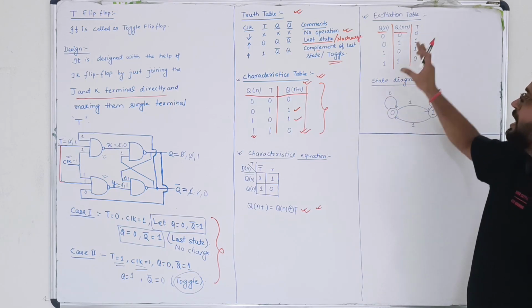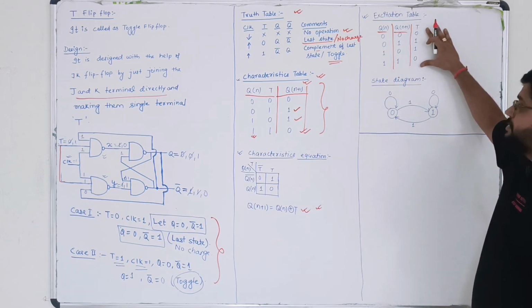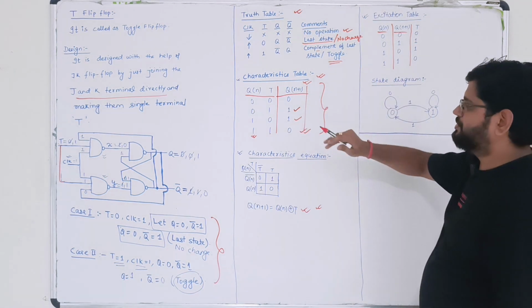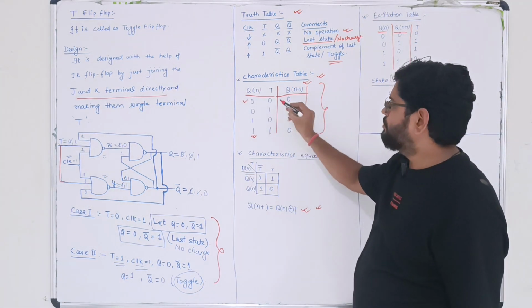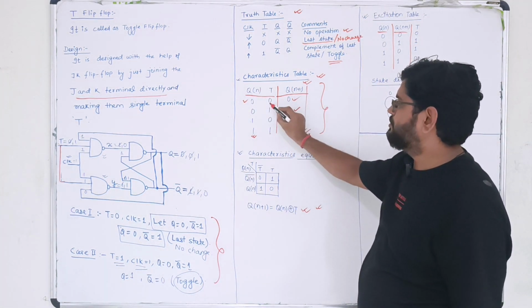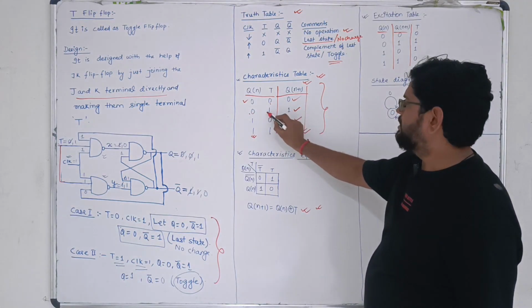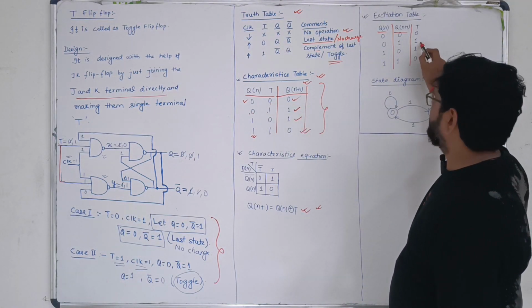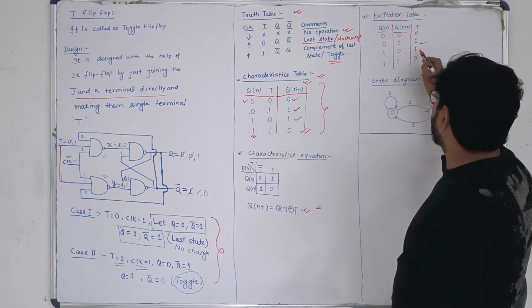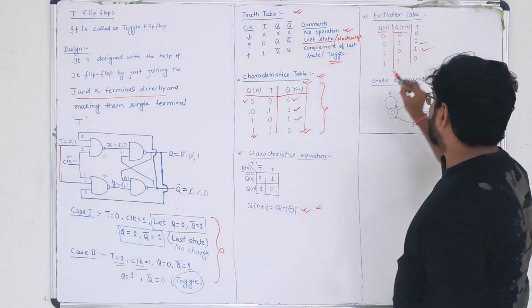You can see that I have written it previously also with the help of the characteristics table. If 0 0, present state 0, next state 0, at that time T is 0. So I have written 0. 0 1, at that time T is 1. 1 0, at that time T is 1. 1 1, at that time 0.